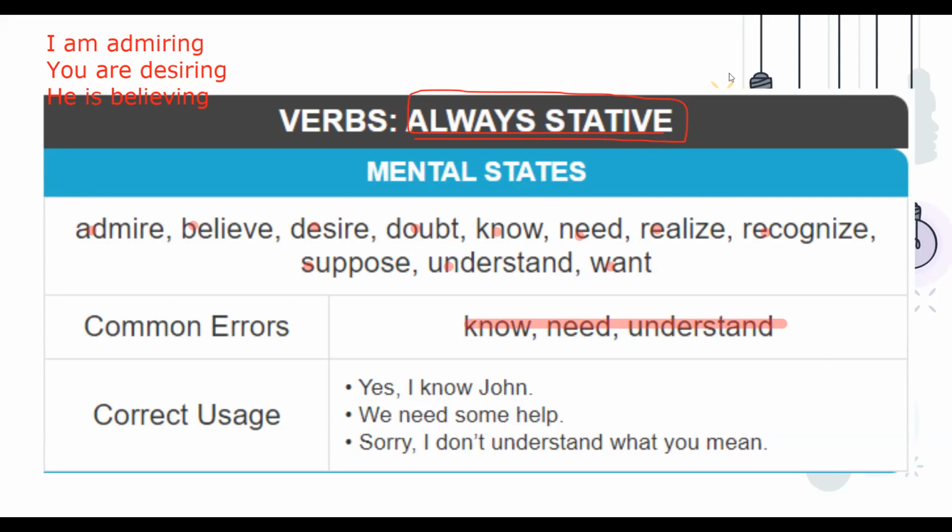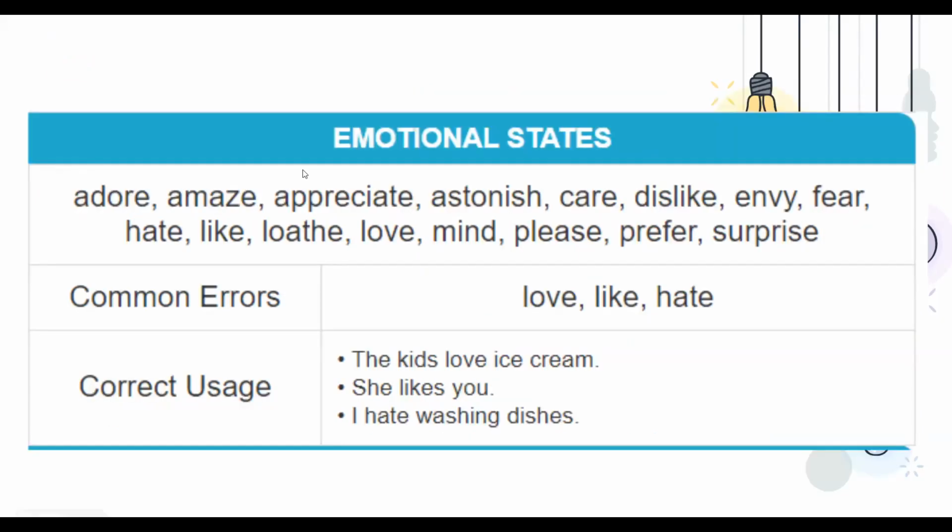Then we also have emotional states. If you remember, here these were mental states. These are emotional states. For example, adore, amaze, appreciate, astonish, care, dislike, envy, fear, hate, like, loathe, love, mind, please, prefer, and surprise.